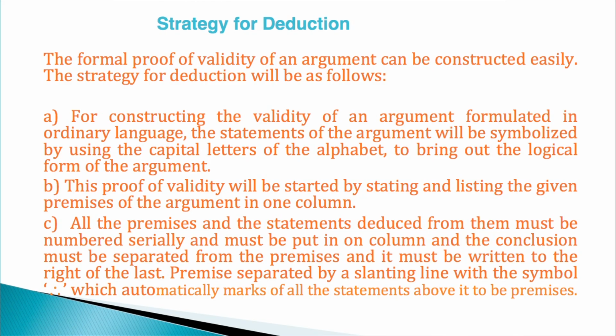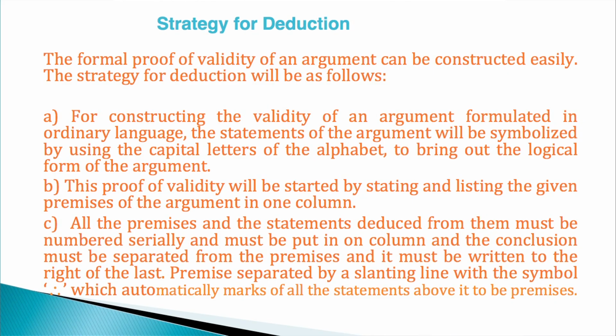Number 2. This proof of validity will be started by stating and listing the given premises of the argument in one column.